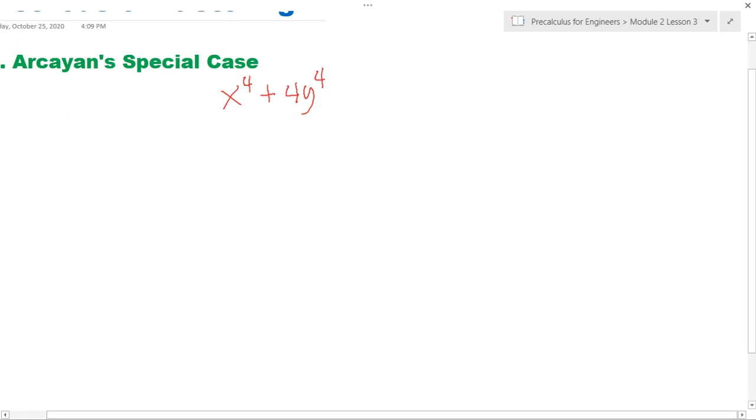Another tricky part, itong x to the fourth plus 4y to the fourth. Actually, this is not of the form x squared plus 2y squared, but in fact, this can still be factored out. In what way, sir? So, ganito siya.